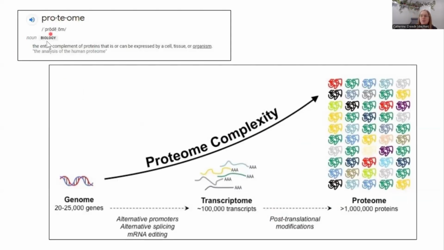In the proteome, you're thinking about the entire complement of proteins that can be expressed by a cell. It works like this. We expect our human genome to have 20 to 25,000 different genes. In theory, each gene codes for one protein. In reality, because we do different types of gene expression control transcriptionally and translationally, each one of those genes actually codes for about 100,000 different types of mRNA.